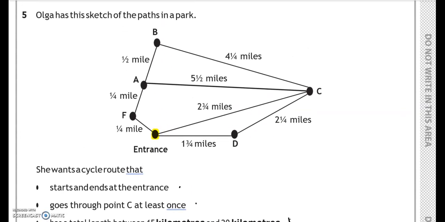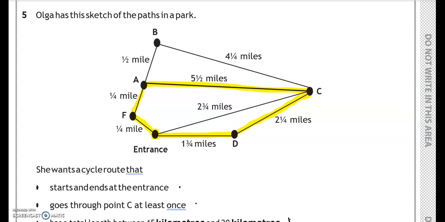So I'm thinking I'm going to give it a go and go through D and then C. Rather than going back to the entrance, I'm going to choose this longer route going to A, then F, and then come back to the entrance. Let's see if all of these add up to something between 9 and 12 miles.